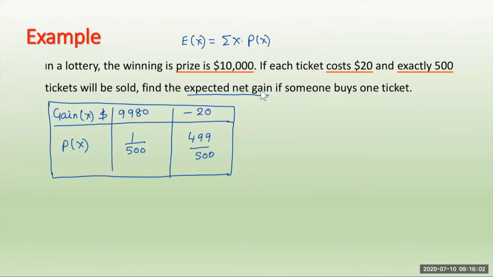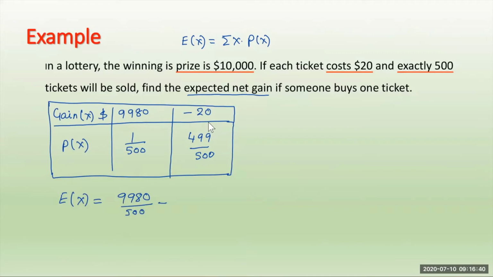So now the expected net gain is given by this formula. We can write expected net gain E of x is equal to the sum of x times P of x. So this is x, this is P of x. We have to multiply and add them together. So 9980 times 1 over 500 will be 9980, and in the denominator, you have 500. Then you are adding this product. When you multiply this, this will be negative, so adding a negative is the same as subtracting.